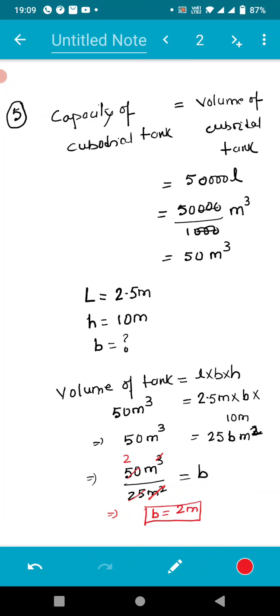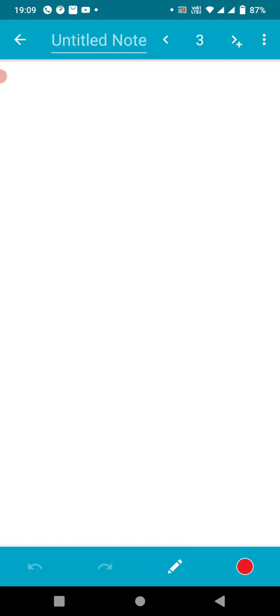Now let us do question number 6. So this will be the last sum of today's session. Now what is 6? In question number 6 they have said a village having a population of 4,000. So population of village is equals to 4,000.